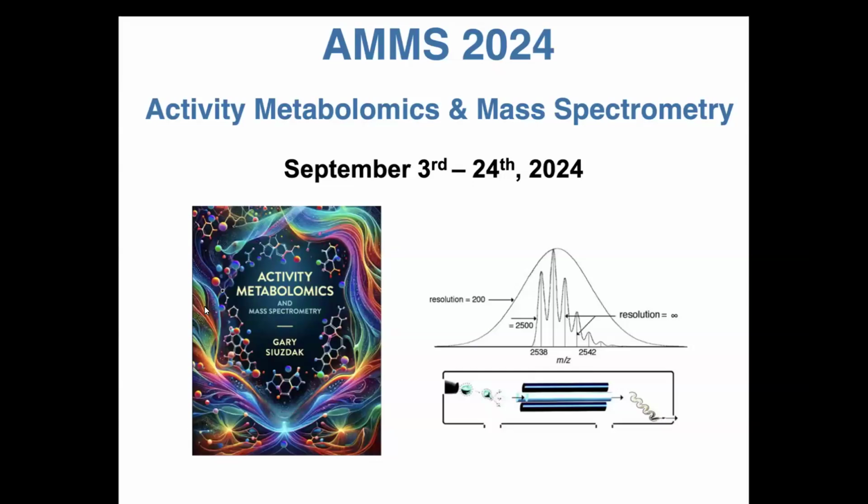So metabolite identification and lipid identification is still considered one of the major bottlenecks in metabolomics. And I think it is the reason why you really can't put metabolomics into the area of digital biology.